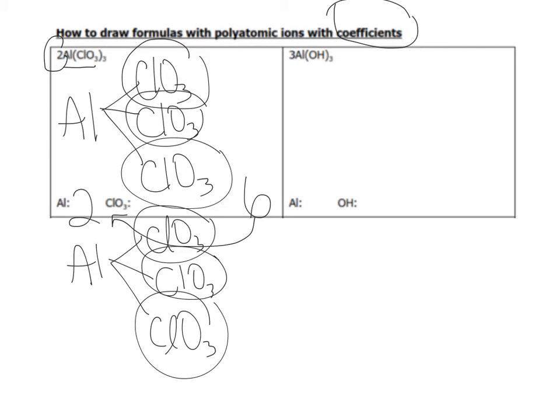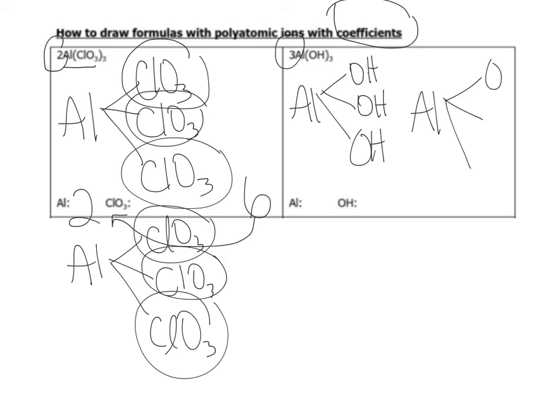Next example, again I have 3 branches. And this time my coefficient is 3, so I'm going to draw this 3 times.